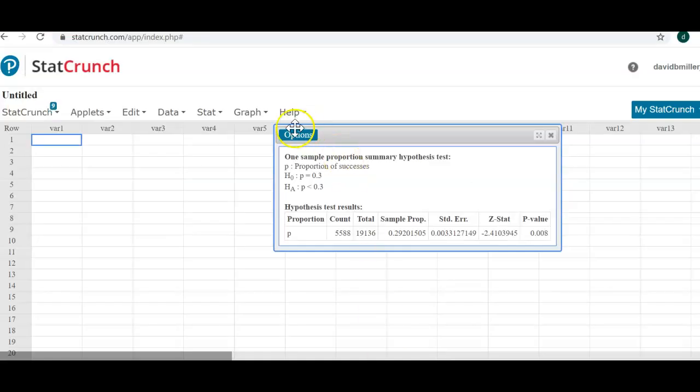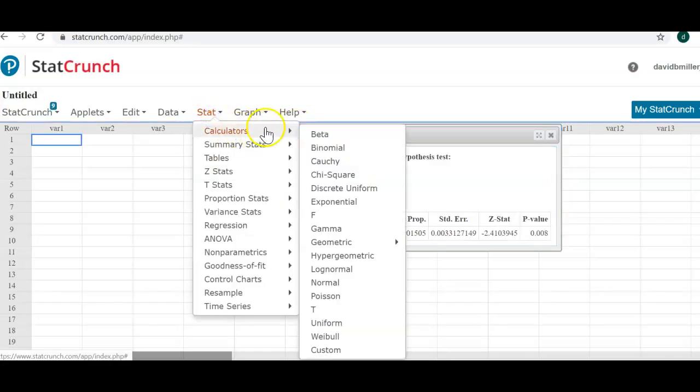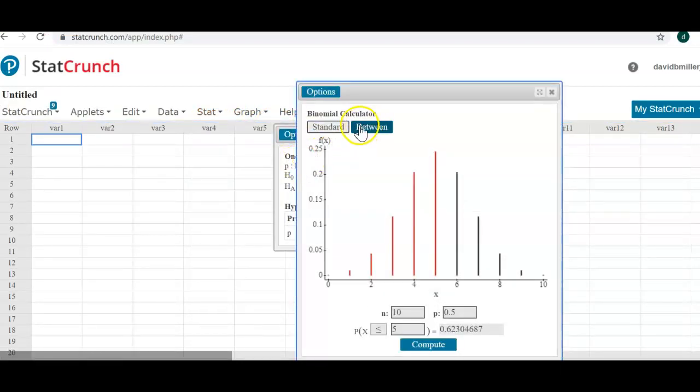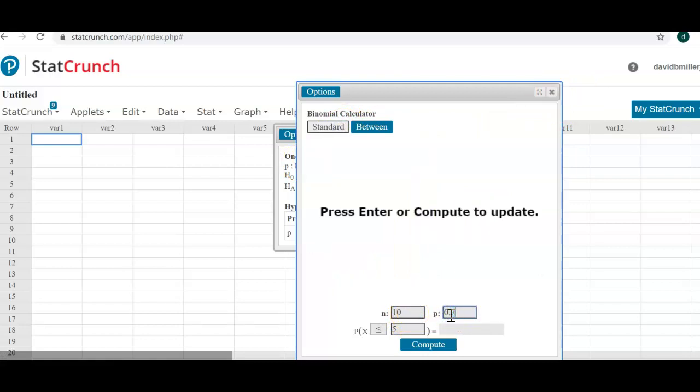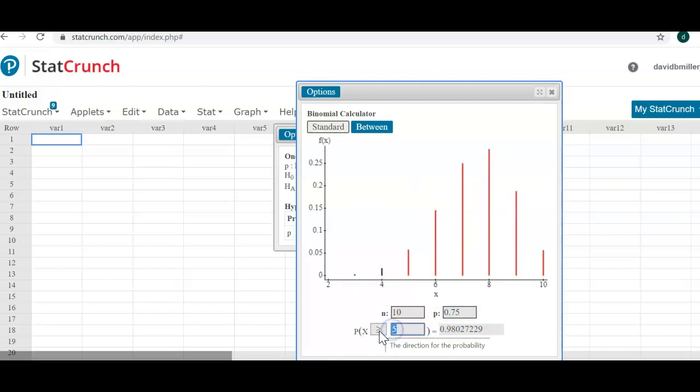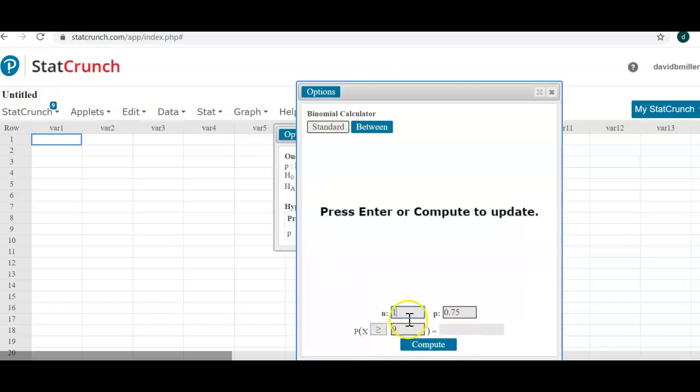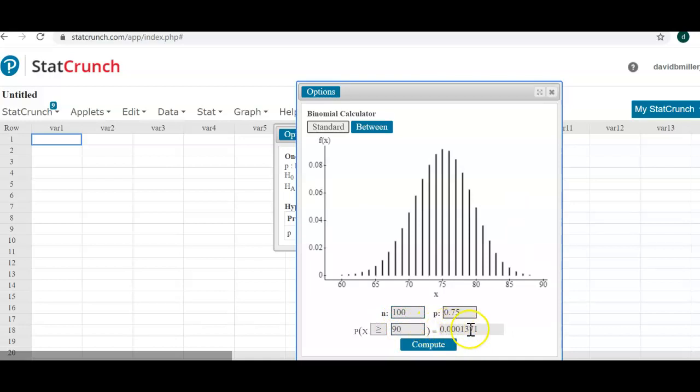So how would you do that in StatCrunch? Well, Stat, Calculator, Binomial. We had 10 trials with a probability of 0.75, and we want the probability of greater than or equal to 9. Compute: 0.244. Right, so if we had 100 trials and 90 girls, then we would get what we wanted.